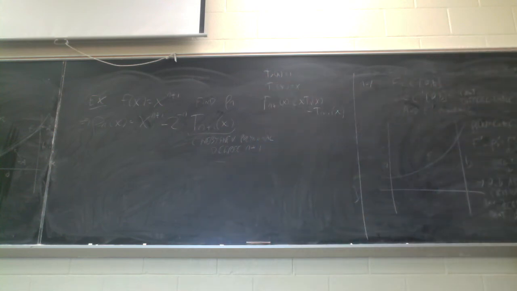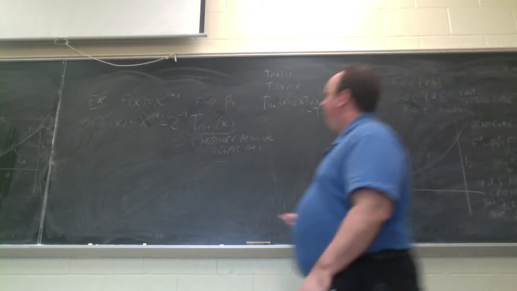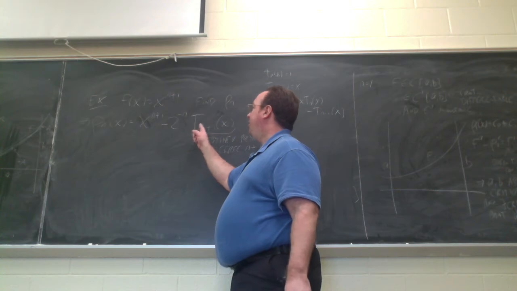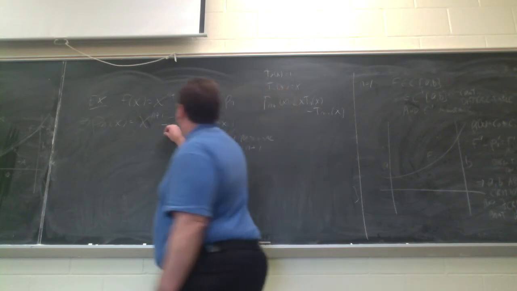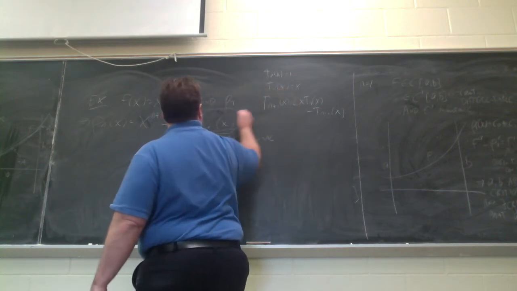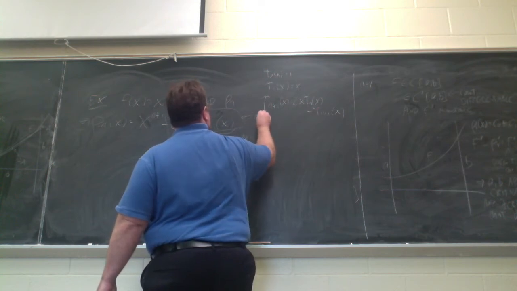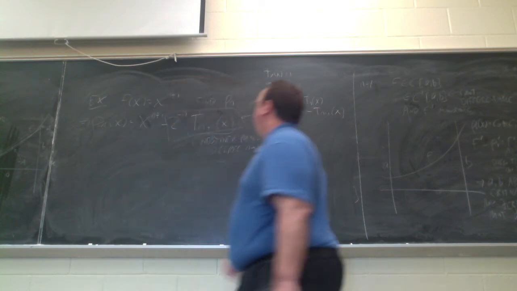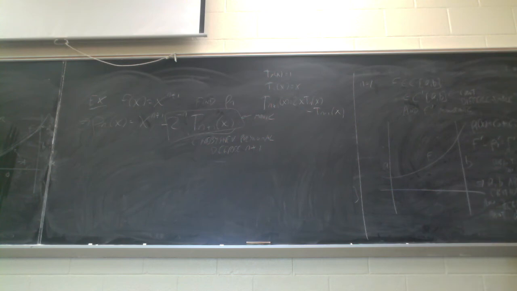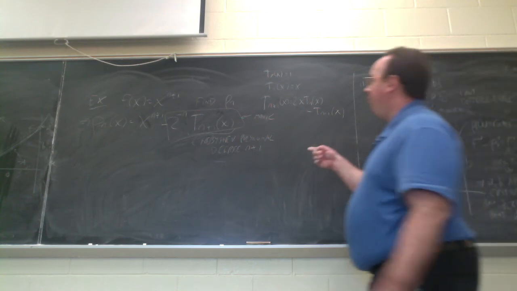So Tn has a leading coefficient of 2 to the n minus 1. I use this to cancel out that leading coefficient. So this whole thing is a monic polynomial, leading coefficient of 1, and it's degree n plus 1.